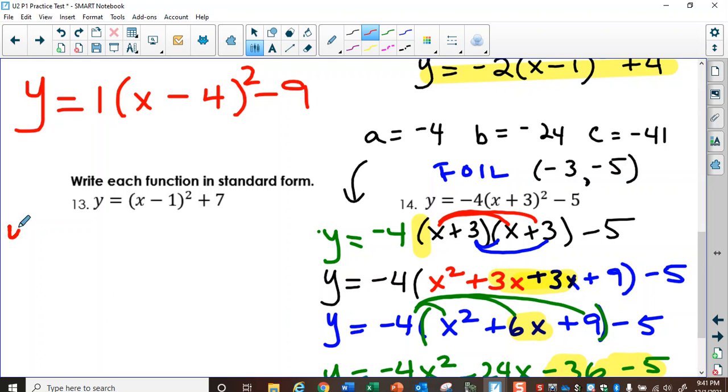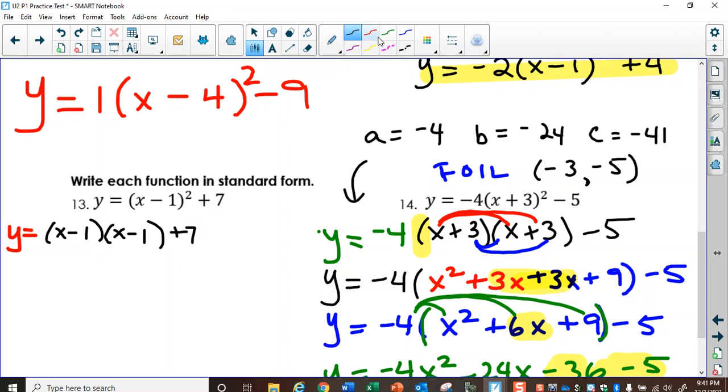So I'm going to stretch it out first. So this says x minus 1 squared. So what that means is x minus 1 times itself, right? That's what squared means. And then I have the plus 7.